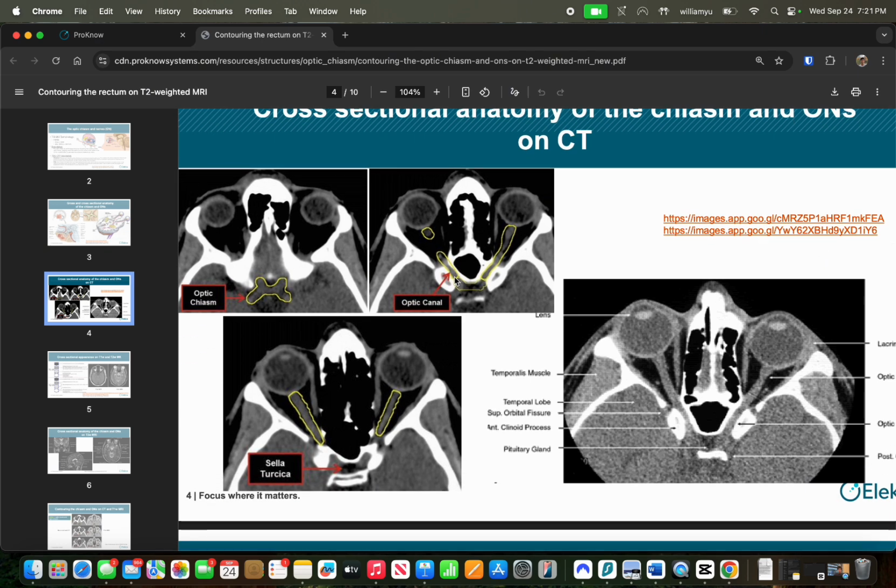At the midplane of the optic canal, only the anterior portion of the chiasm is visible. When you go one slice higher, the optic canal is no longer visible, but then the optic chiasm anterior and posterior portions are both visible.